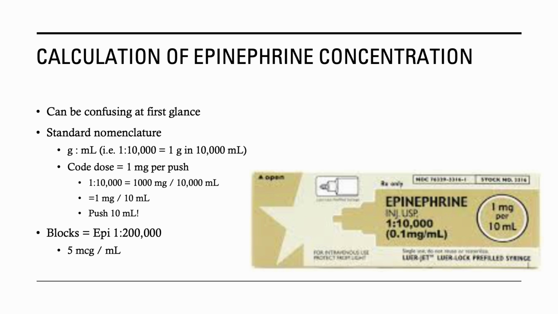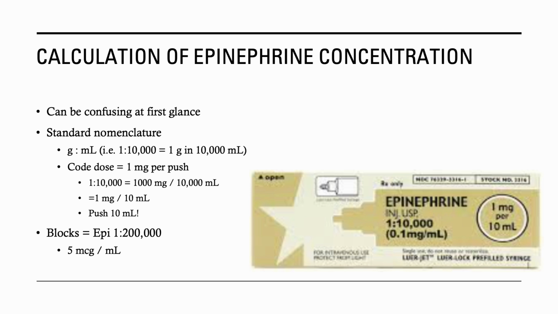Now, the 1 to 10,000 box there, really what that means is there are 1,000 milligrams in 10,000 mLs, which means that 1 milligram is in 10 mLs. So often what you see in practice is opening up these boxes and pushing all 10 mLs for the 1 milligram dose that's required.